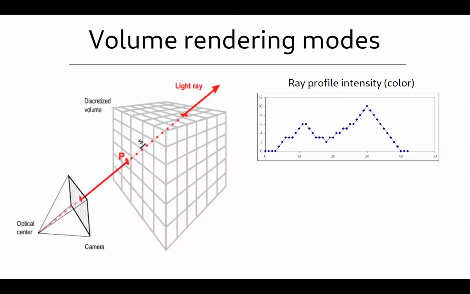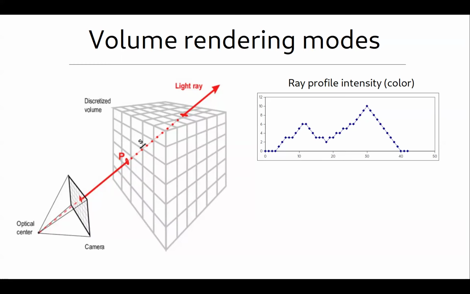The way this rendering engine works underneath is that we have our 3D volume made out of voxels, and it has a camera, and it shoots a lot of rays, one for each pixel of the image. In the virtual space, this ray traverses your volume, and you get a ray intensity profile.